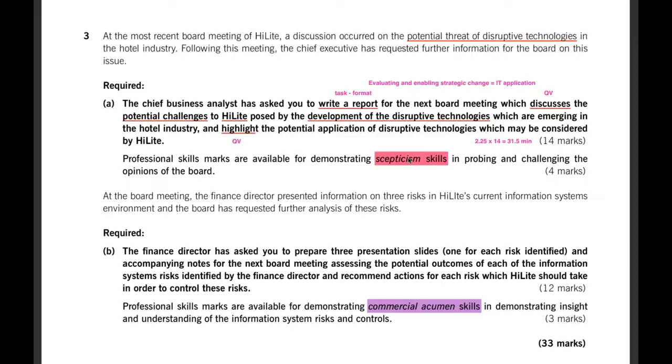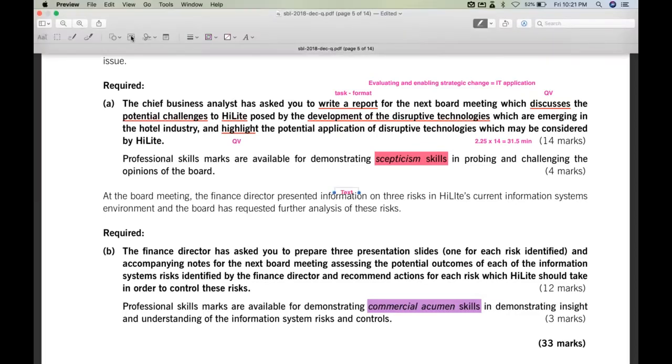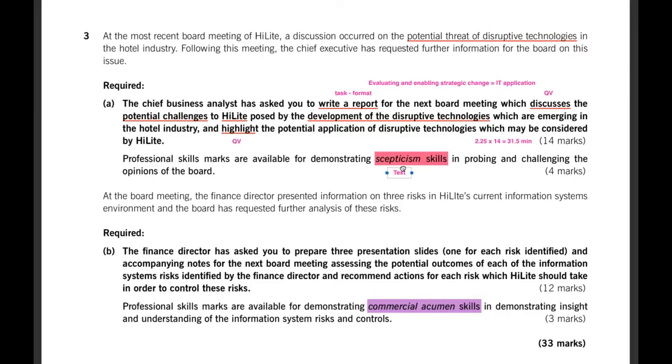Okay, what next? The next thing that we have will be looking at the skepticism skills that are actually being tested here.